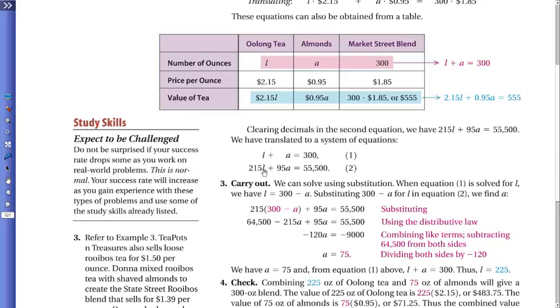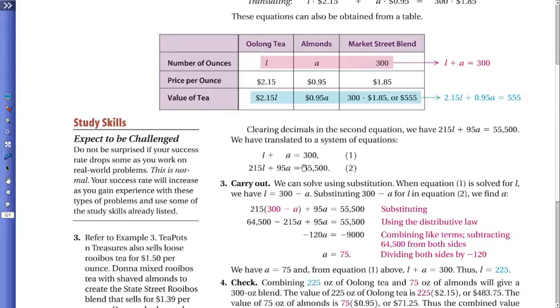So they rewrite this equation by multiplying both sides by 100, which converts those dollars into cents. I got 215 cents times the ounces of oolong tea, 95 cents times sliced almond ounces, and then I end up with 5,500 cents, right?